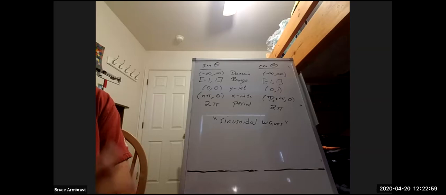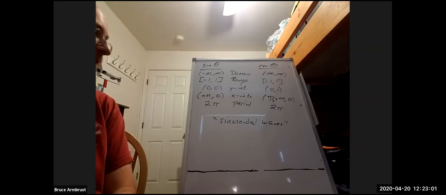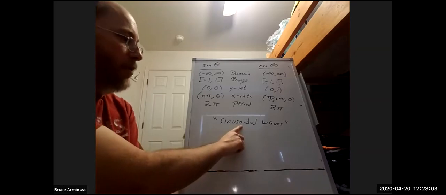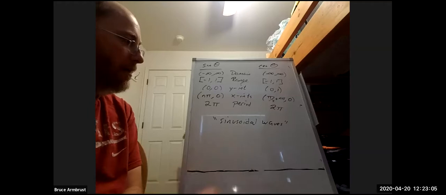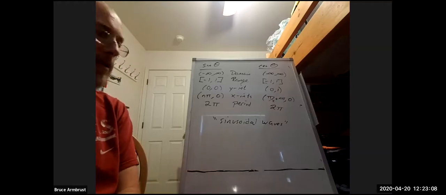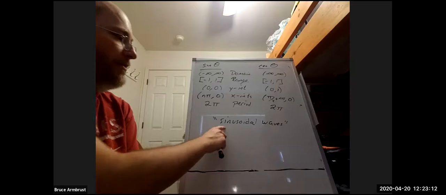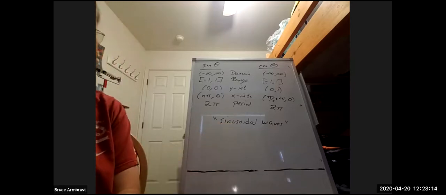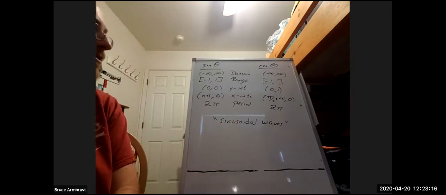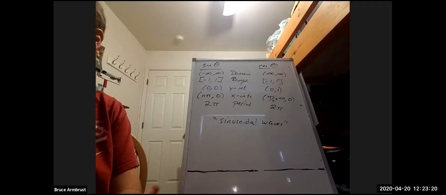Anytime you see the word oid, O-I-D, that means shape. So this is sine-shaped. We call them both sinusoidal waves because they both look like the graph of sine. So it's a sine wave.